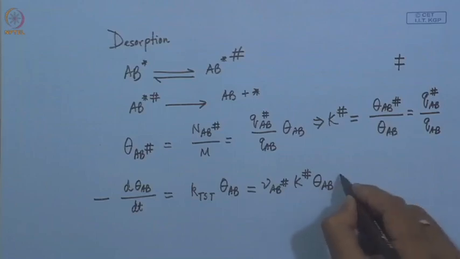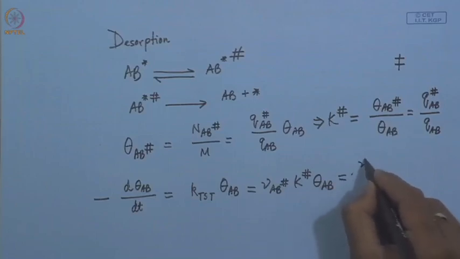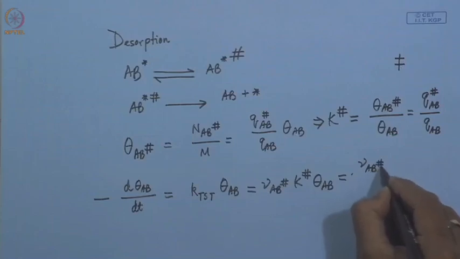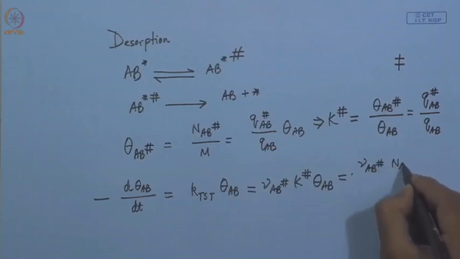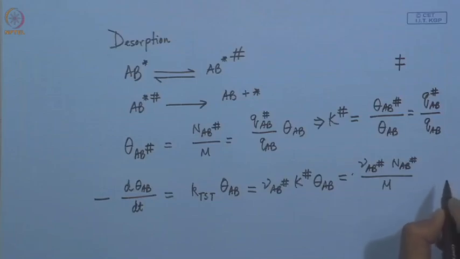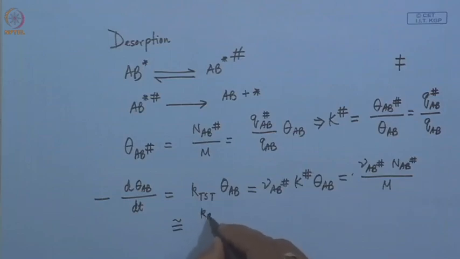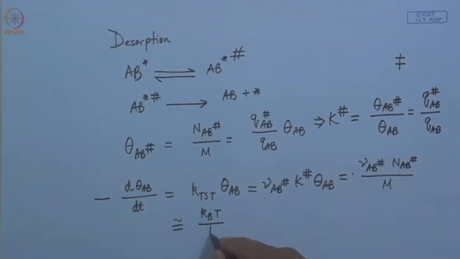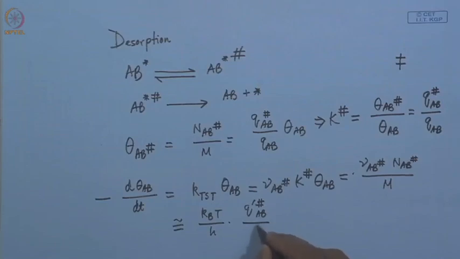That means this is your NAB double dagger divided by M, and you can approximate this to KBT, Boltzmann constant times temperature, divided by h times Q prime AB divided by QAB into theta AB.